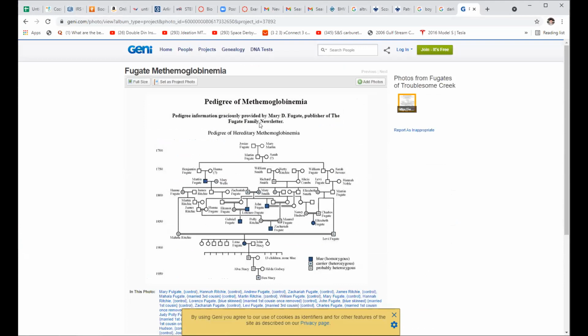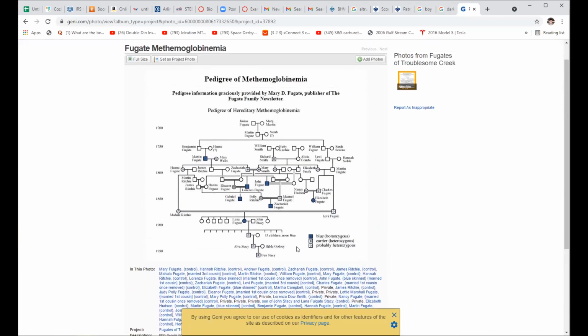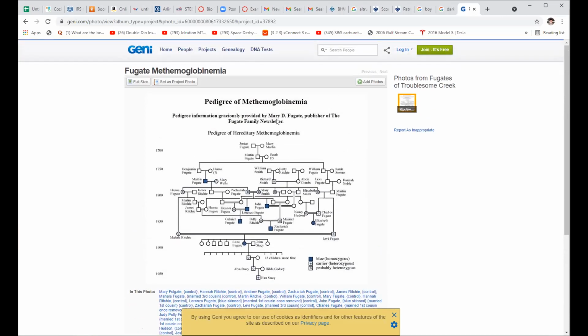Part of the assignment is to tell me what the gene is. The gene is methemoglobinemia. That particular gene has to do with oxidation reduction reactions. And what I wanted you to see is, remember the double lines where we show inbreedings.